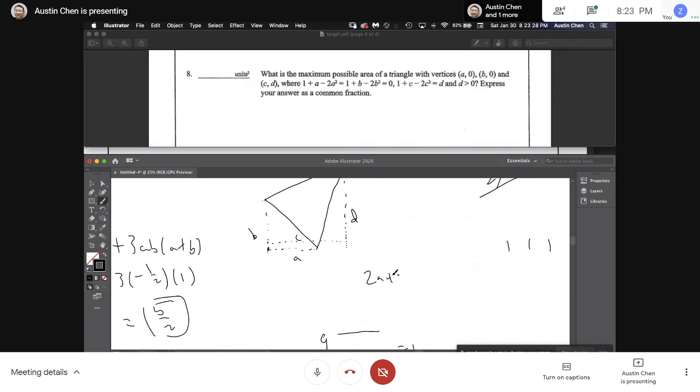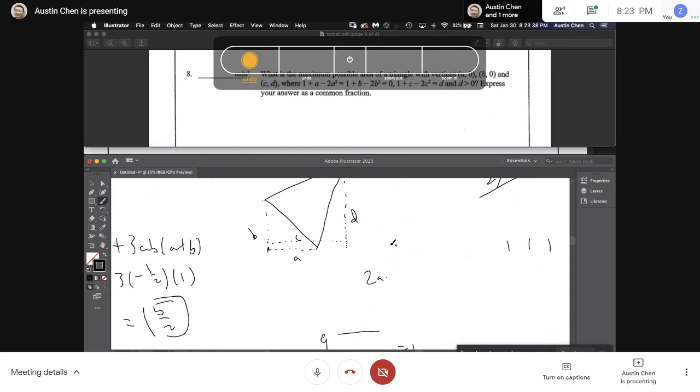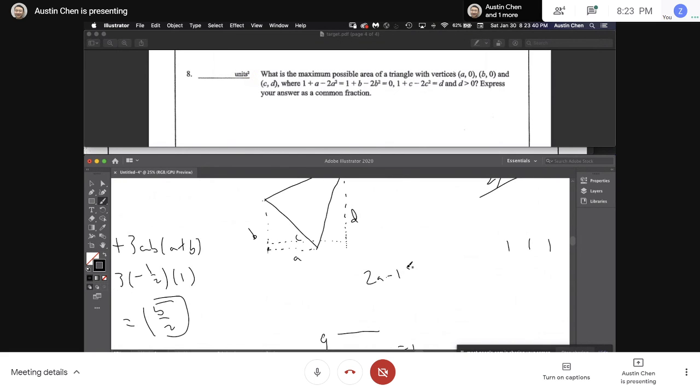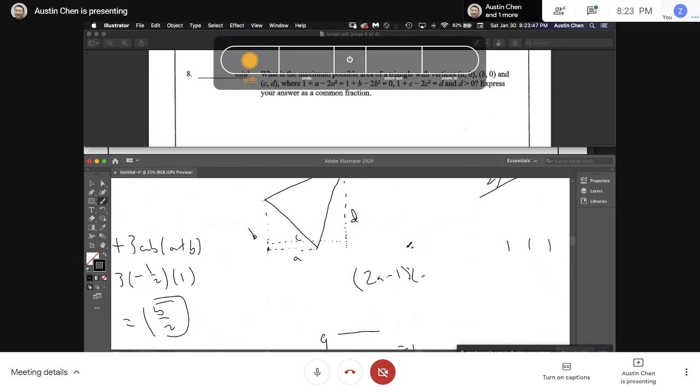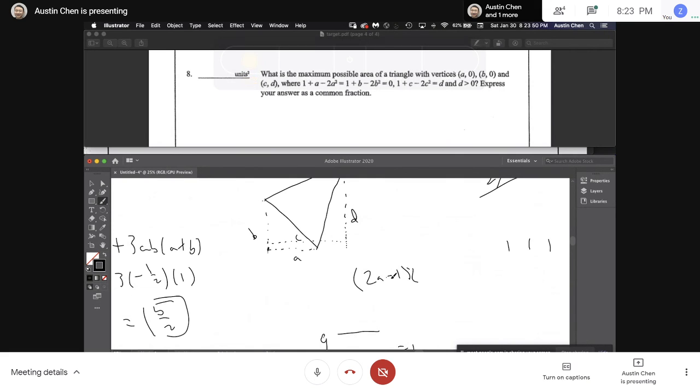And 2b plus 1 and b minus 1, right? Wait. Why'd you put negative 2a? You had to have a negative a, and then plus 1. I just took out the negative. And then same for b, and then same for the c thing.